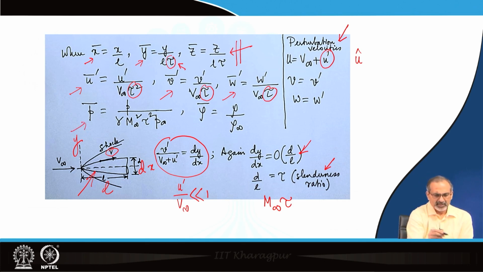Then comes the normalization of pressure by a term like gamma M infinity square tau square p infinity, which will produce an order 1 term. Similarly, this produces an order 1 term for density. So, this is how we tackle the normalization of the different length scales, velocities, and thermodynamic parameters.